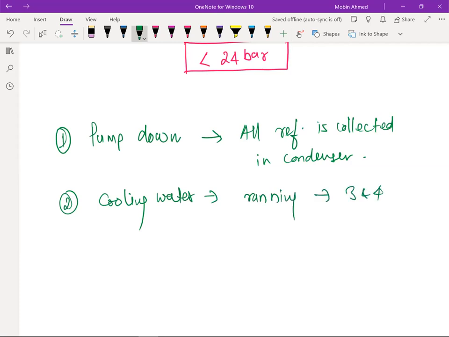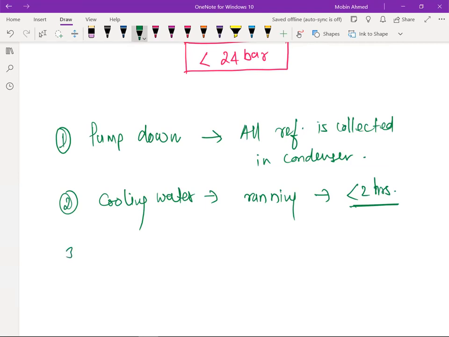Remember, if that is not possible, at least a minimum of 1 to 2 hours is supposed to be there. So I will just write more than 2 hours. It is very much needed because all the refrigerant should condense and change into liquid.